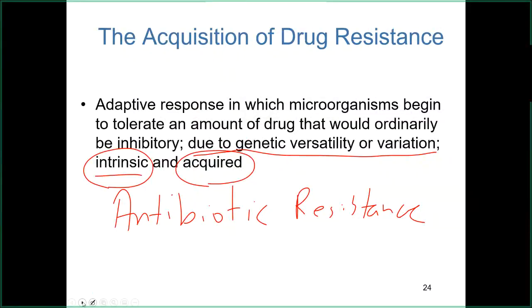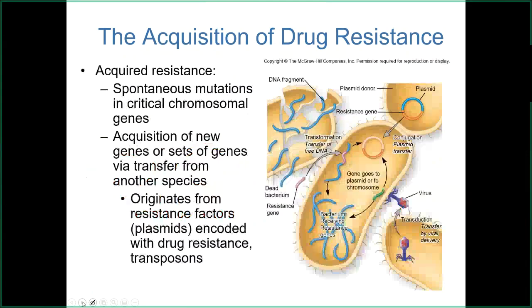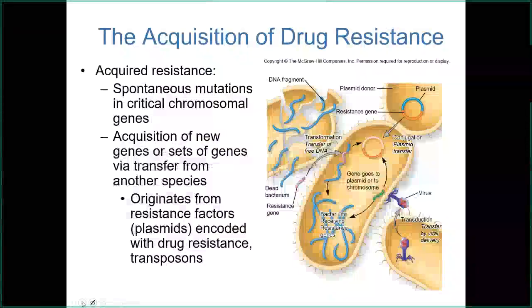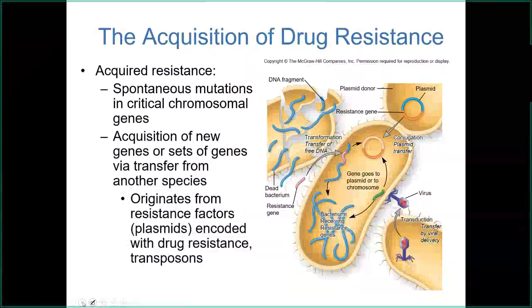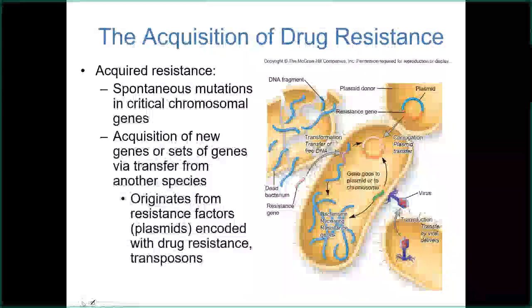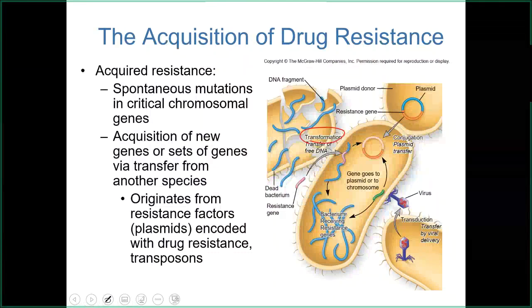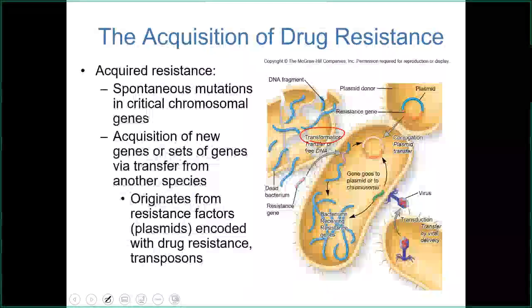Let's talk about that. How does that happen? How do you get resistance when you didn't have it to begin with? Well, there's three paths, and here they're indicated in this diagram. So this one is called transformation.